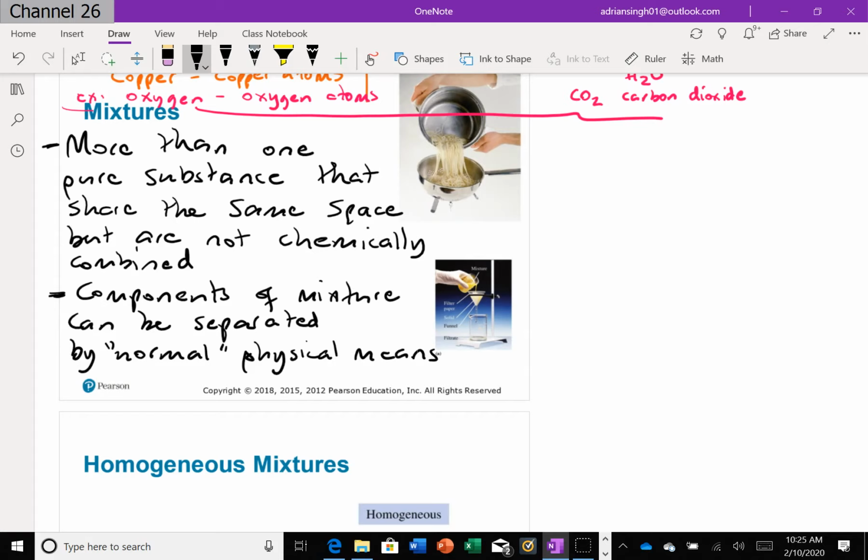All right, so some examples here of mixtures. Up on the upper right side, you can see some pasta in a pot. If you make spaghetti and meatballs, that will be an example of a mixture. You have the spaghetti, the meatballs, and the sauce. All of those just share the same physical space, but they're not chemically combined. And you can obviously separate them from each other, right? You can separate the meatballs from the spaghetti.